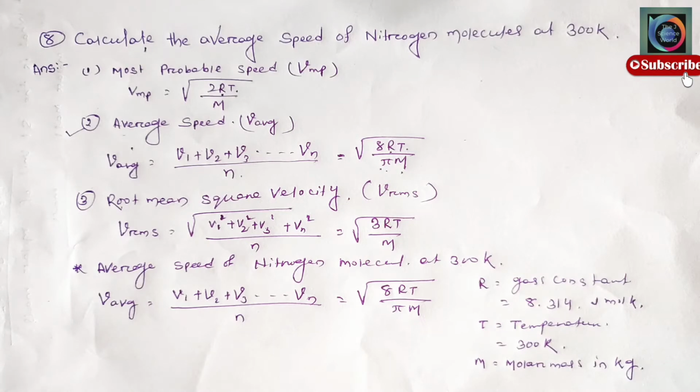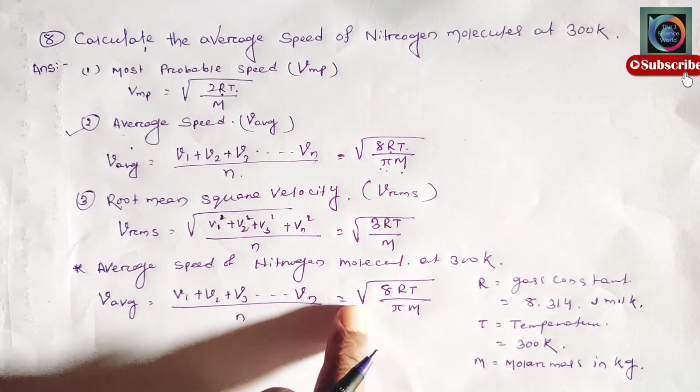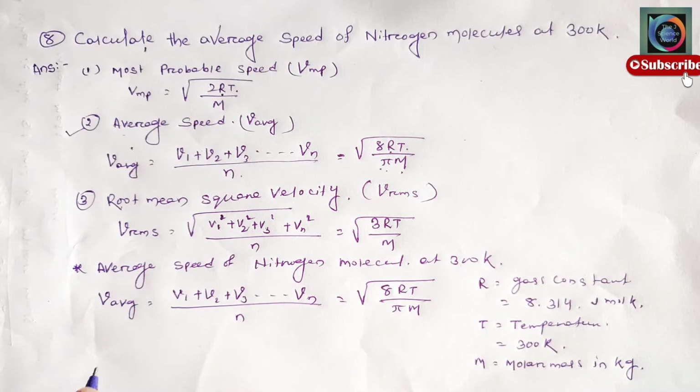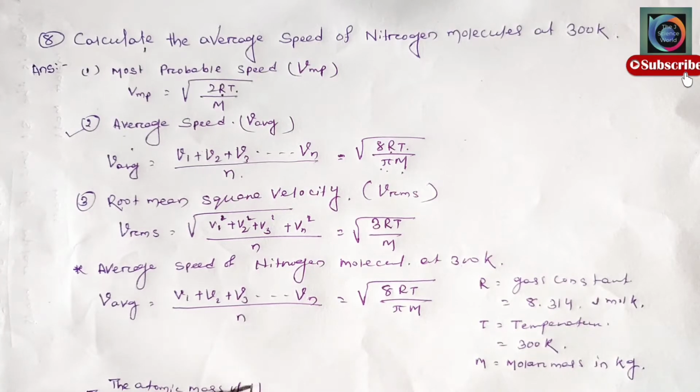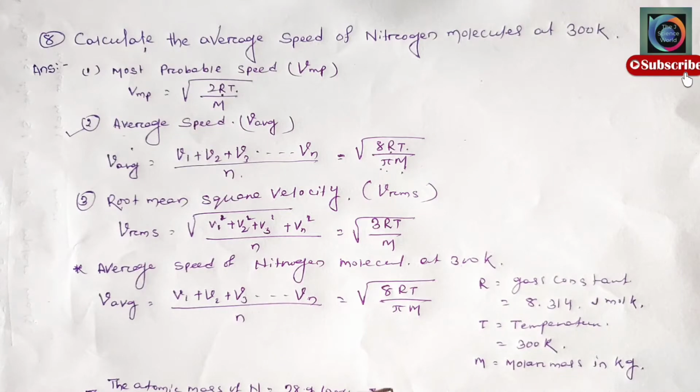Let's discuss. In this particular case, the molar mass of nitrogen is 28 gram per mole. But if we express it in kg, we just multiply with 10 to the power minus 3, that is 28 into 10 to the power minus 3 kilogram.